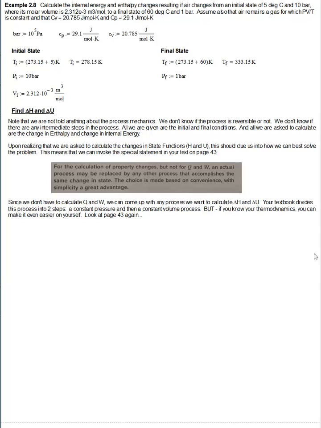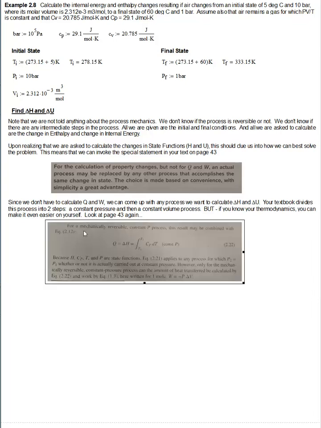If we look at page 43 again, towards the bottom of the page, they have this little paragraph that talks about for a reversible constant pressure process, delta H is equal to the integral of Cp dT. But then, notice what they say.